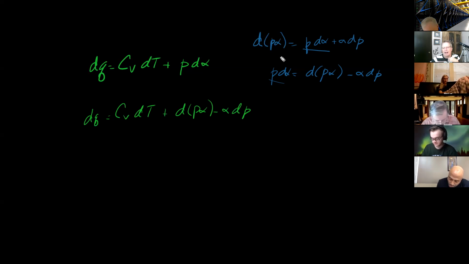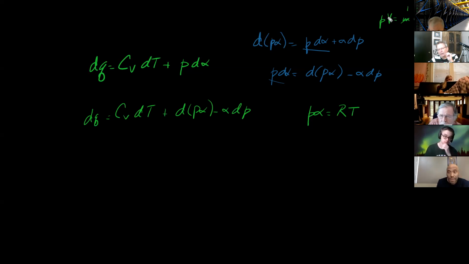But what does P alpha equal? nRT, well, in this case, right? Because if I did this one, PV equals mRT, and I said the kilograms are 1, then this becomes alpha. So it's just PV equals RT, or P alpha equals RT.